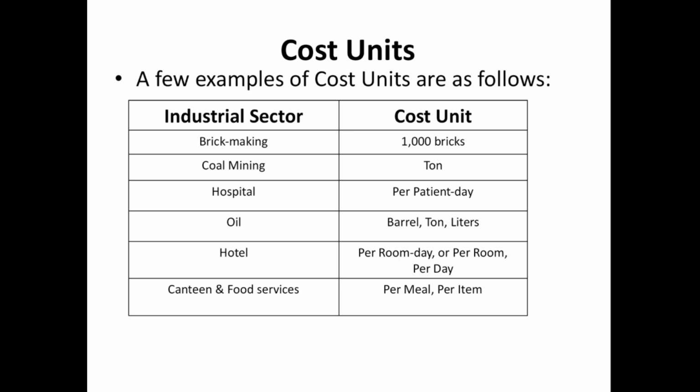In coal mining, it is the ton of coal extracted from the coal mines. In the hospital industry, it would be per patient per day, on the basis of the number of patients and beds.